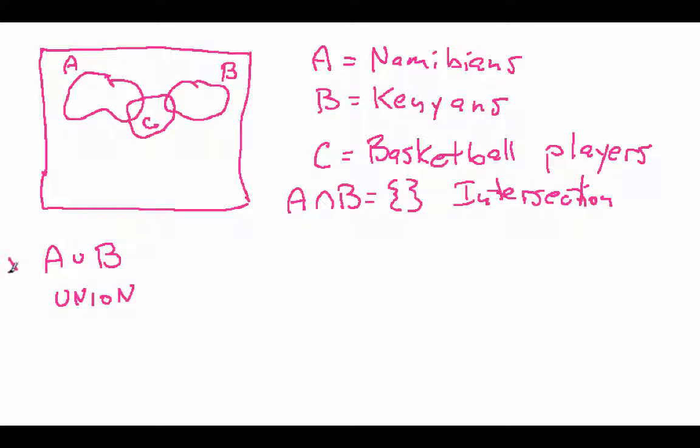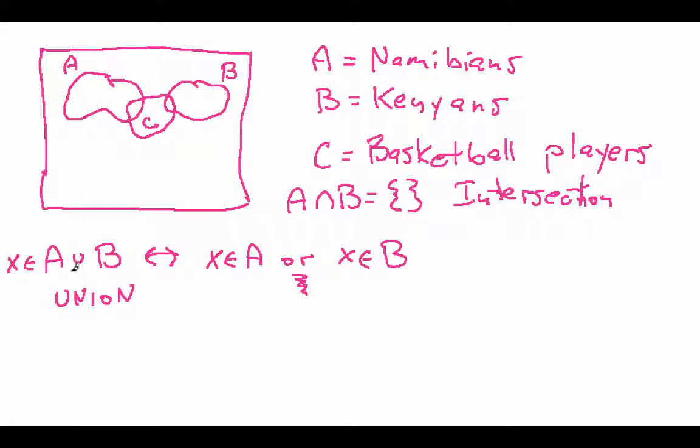And X is contained in A union B if and only if X is contained in A or X is contained in B. So notice we have the word or here.